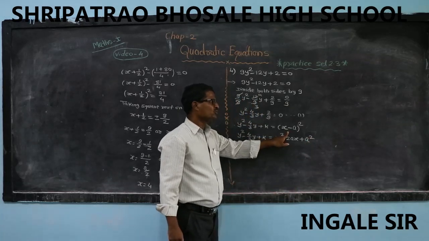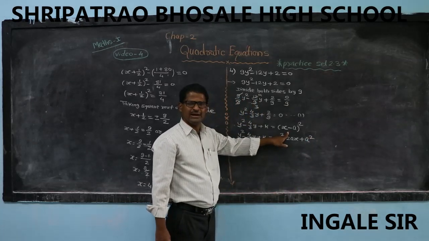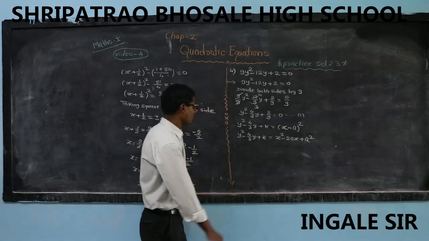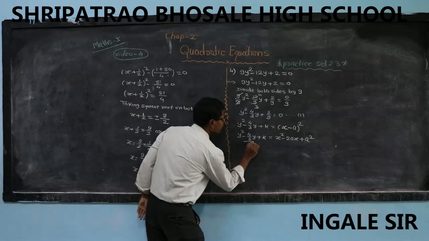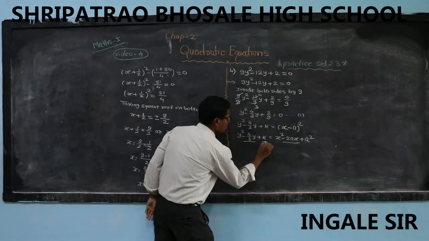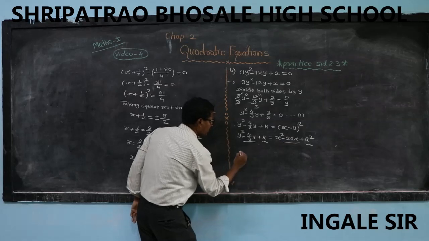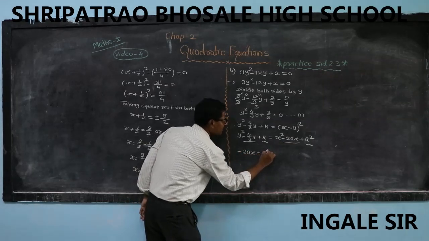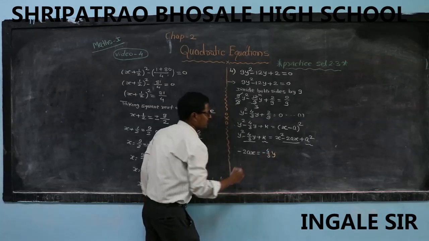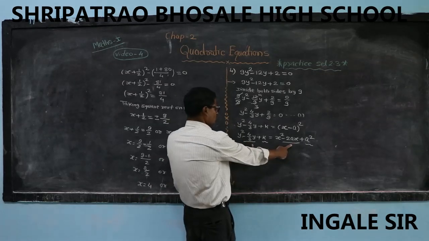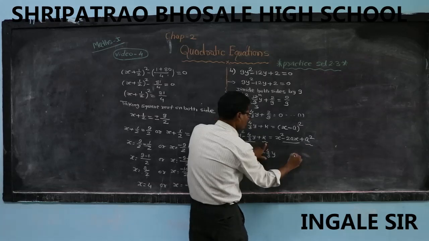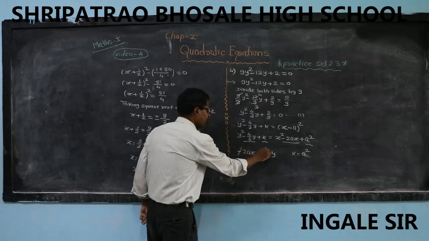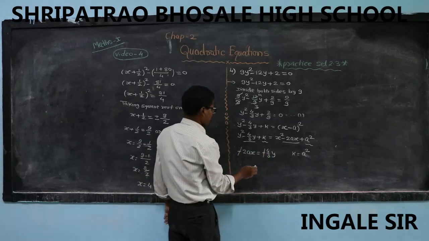Here we have to use the second identity, a minus b whole square is equal to a square minus 2ab plus b square. Now compare these two. Take minus 2ax is equal to minus 4 by 3 y. We compare these two, and again compare these two: a is equal to a square. Now the minus minus sign gets eliminated.